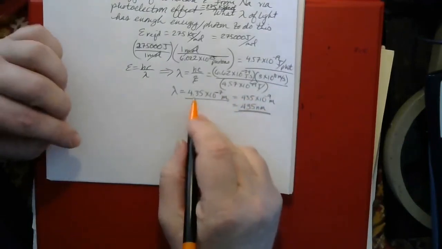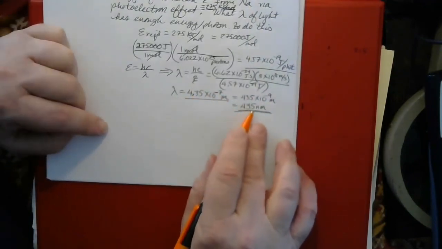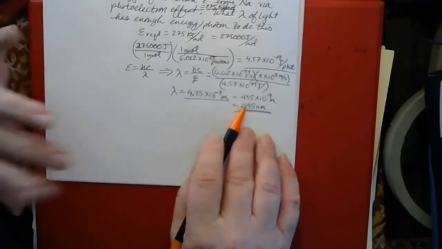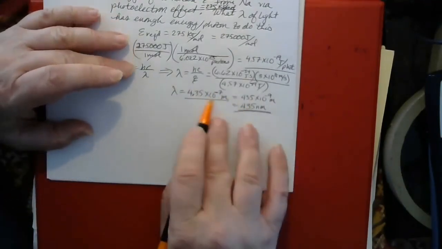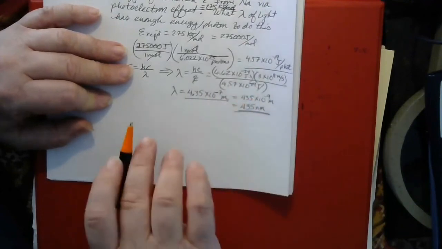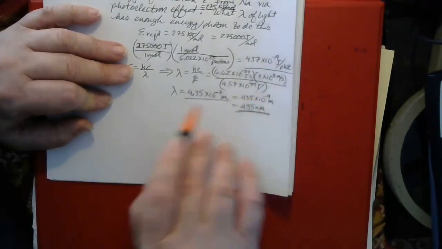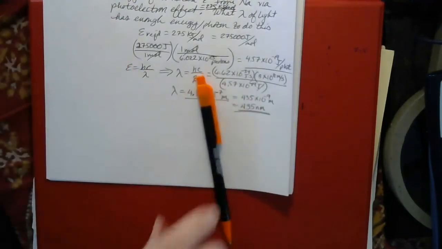So 4.35 times 10 to the minus 7 meters would be the same as 435 nanometers. But if units are not specified in the question, then you could leave it in either one of these. You wouldn't want to use that as the final answer because that's not proper scientific notation and not a proper decimal form either. But either of these would be acceptable.